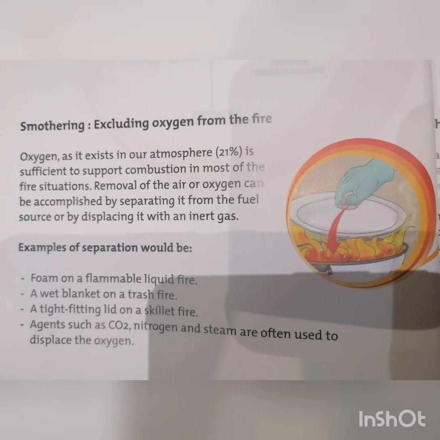For example, you can use foam on a flammable liquid to stop it. You can also use blankets. There is one blanket also for fire. Agents such as CO2 and nitrogen can also be used in this type to stop the fire.